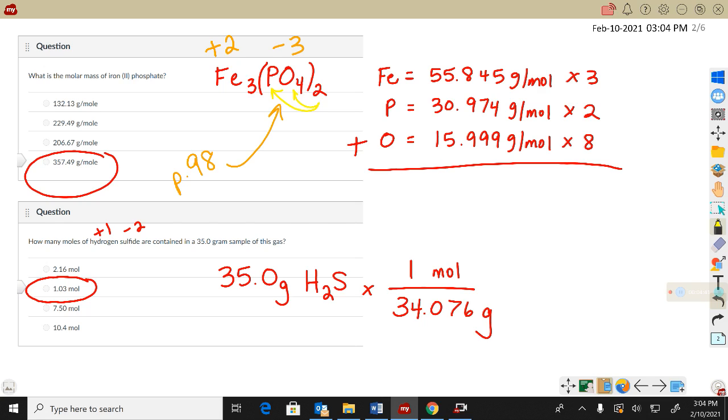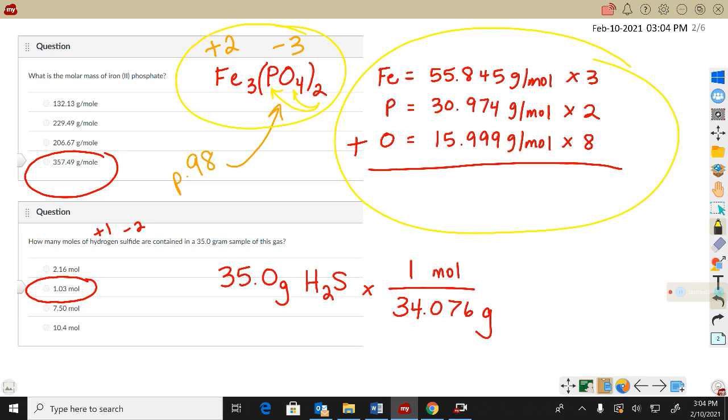If a question says to show work, calculate the molar mass, show your work, then this is what we want. I want to see what individual masses did you use, what did you multiply by, and we need to see your formula.